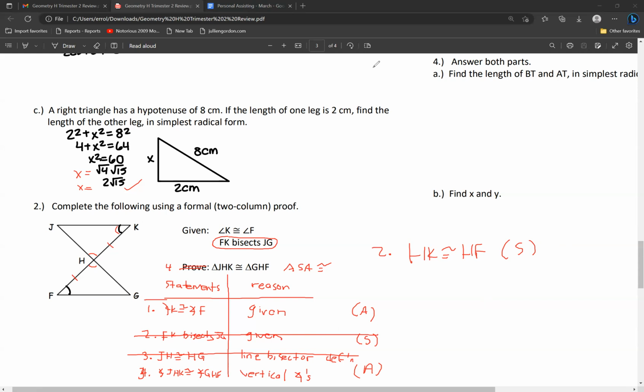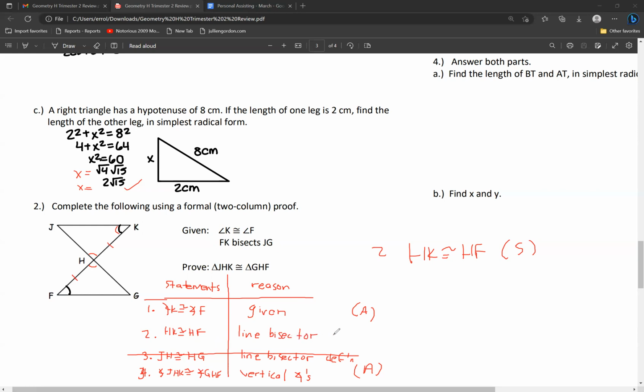Actually, let me scratch that out. What should we say for number two? HK is congruent to HF by line bisector definition.